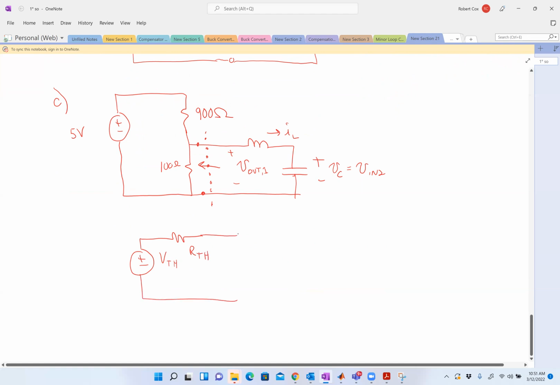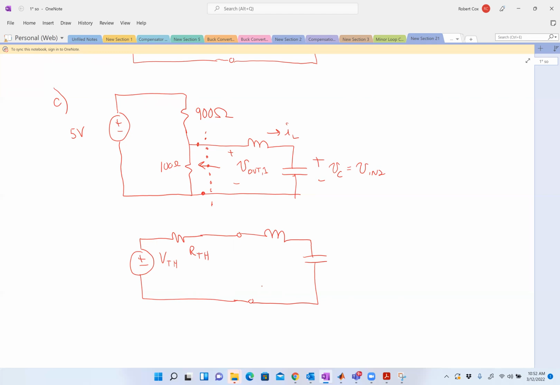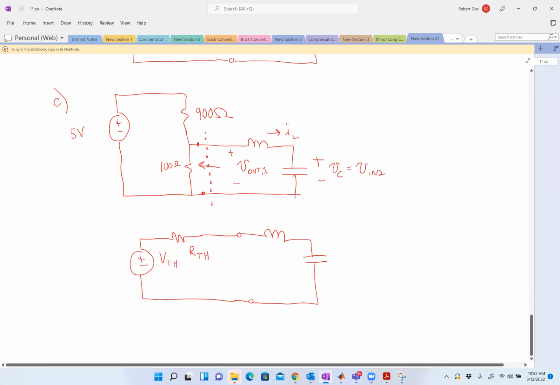And then at the terminals there, I have connected an L and a C. Now, the other video talks about how to approach developing the differential equation for this, but you should be able to say, okay, that means I need to figure out how to develop a Thevenin equivalent for everything to the left of that dashed line.